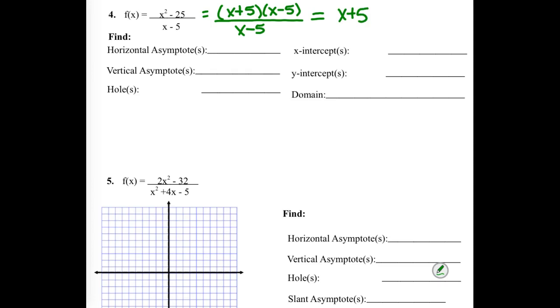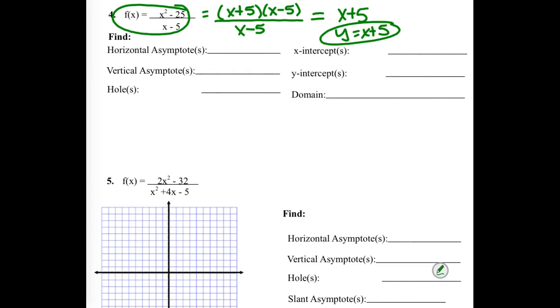Okay? So, what this is telling me is if I graphed my original function, and I graphed y equals x plus 5, they're going to be identical except for the hole. What does y equals x plus 5 look like? It's just a line, right? So, my original function would be a line, but there'd be a hole in it.